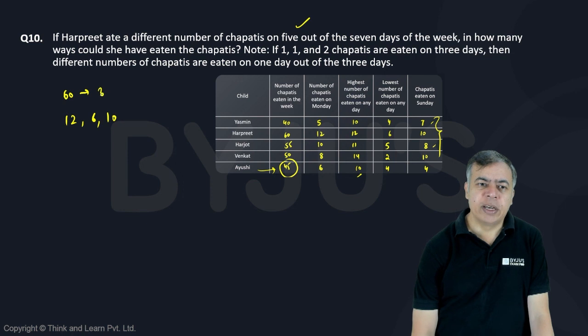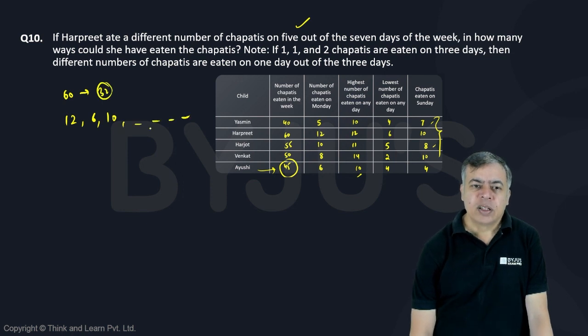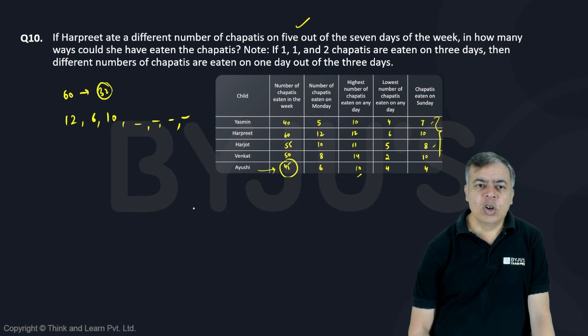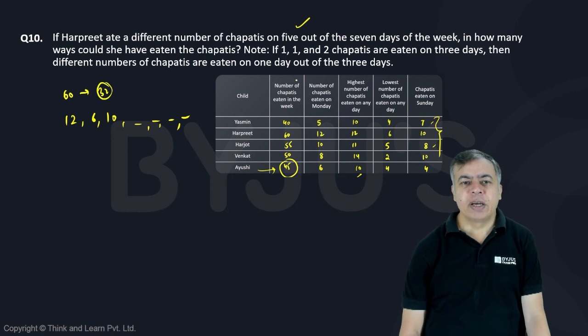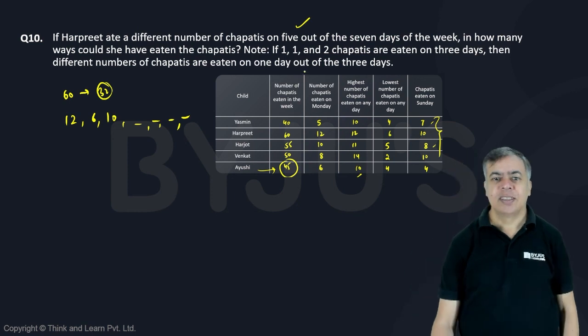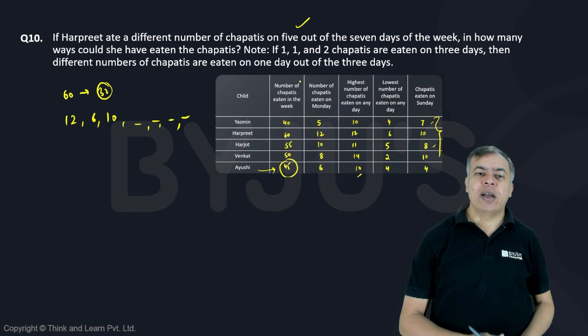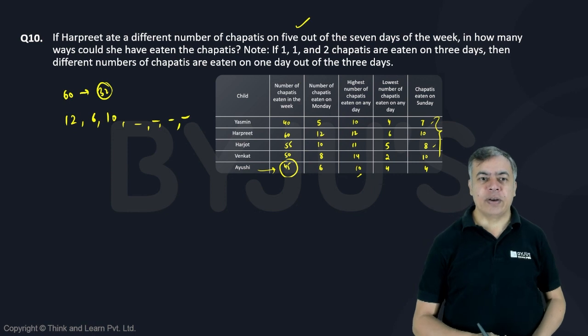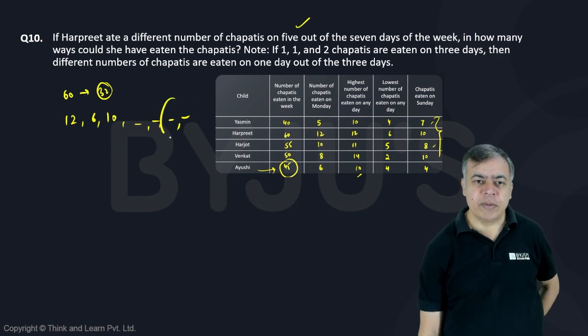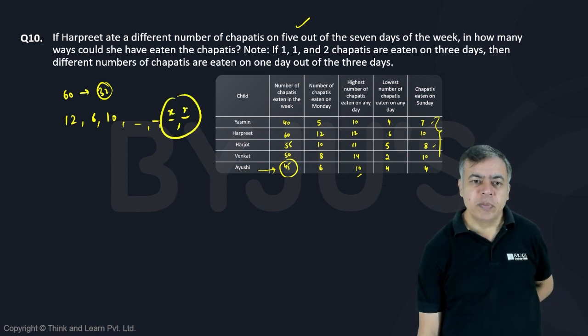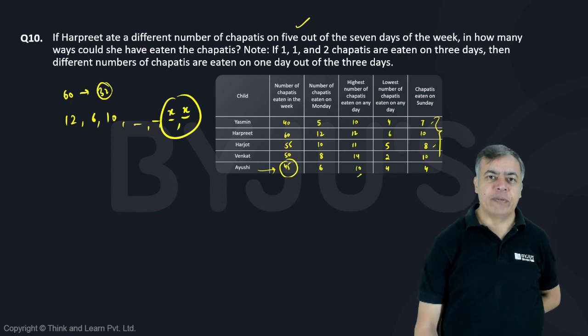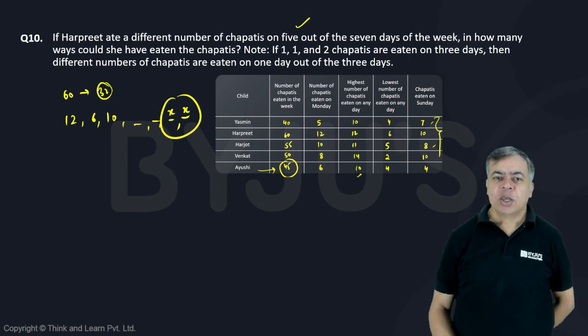So 32 remaining. 32 remaining for the remaining 4 days. Okay, also there must be 5 different numbers and 2 same numbers, right, then only you can have 5 out of 7 days different, right. So 2 must be same, and these are all different, right.